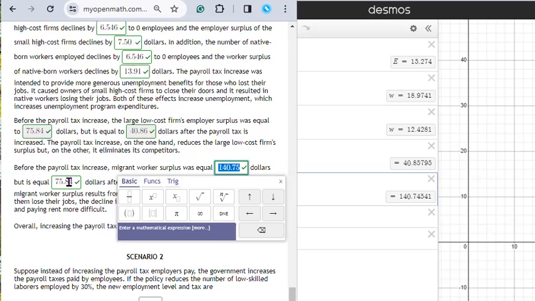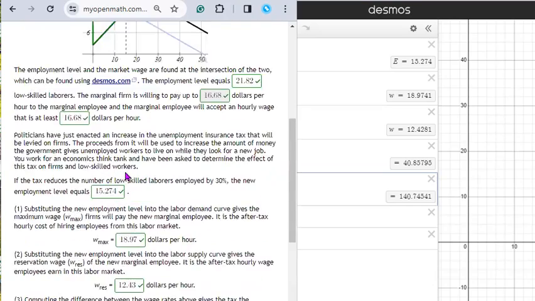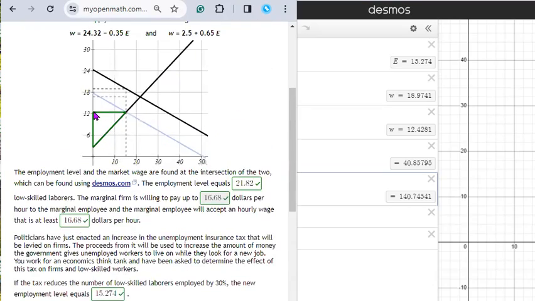140.75 and then 75.84. Notice when I type this and I hit submit on this number here, I get this green triangle up here, right? And this green triangle is the worker surplus after the tax is imposed, right?